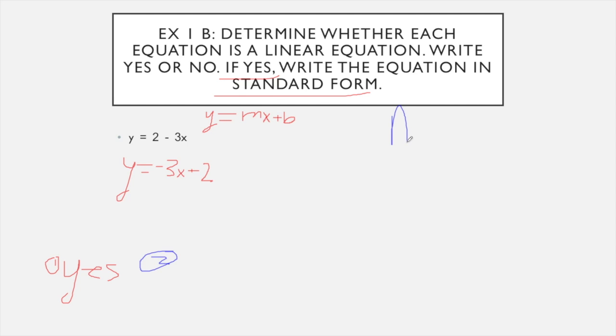Now remember we said, and we should have this down as notes, standard form is some number times x plus some number times y equaling a third number. So we need our x's and our y's on the same side of the equation. So, looking at what I already have, to get this x over here, how can I do that? Well, I need to add 3x to both sides to get this to cancel out.